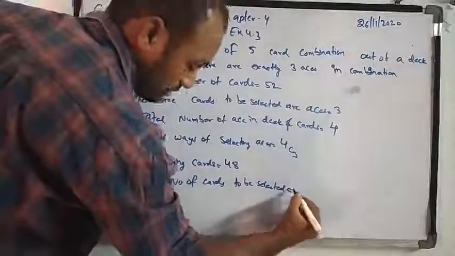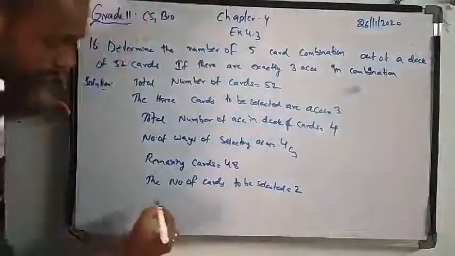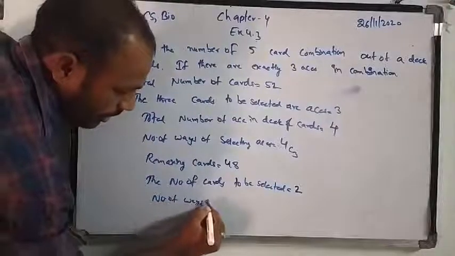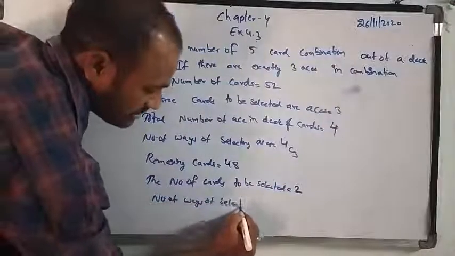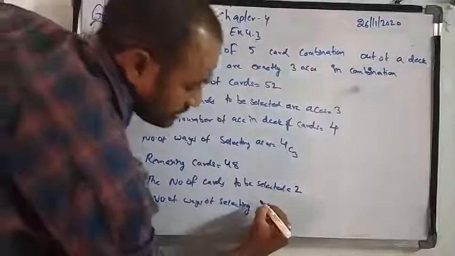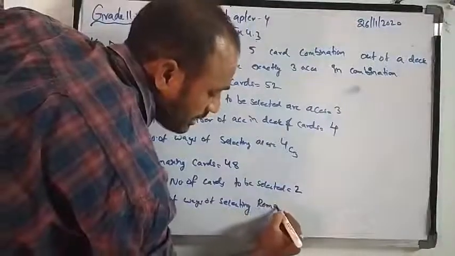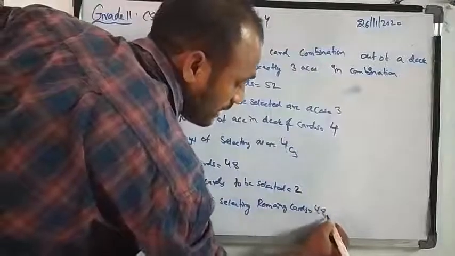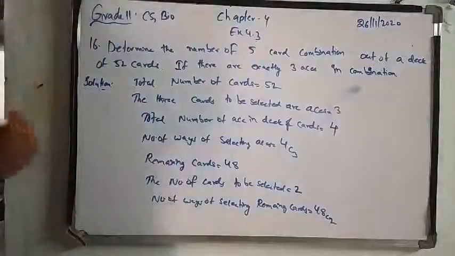So the number of cards to be selected is 2. So number of ways of selecting remaining cards can happen in 48C2 ways.